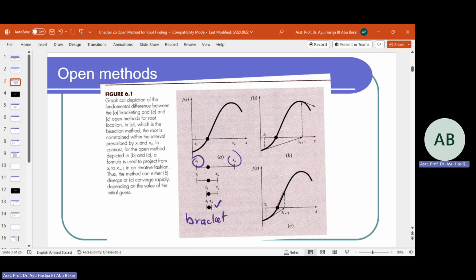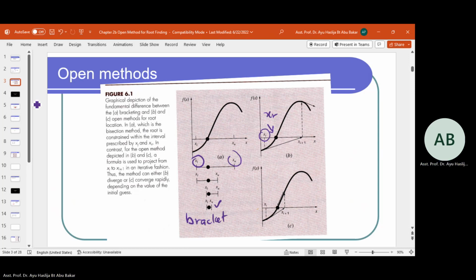This is bracket method. But for open method, you will be given 1 starting point. This is your XR. Let's say you are given your starting point over here. You will need to calculate using the equation until you find the correct value for XR.